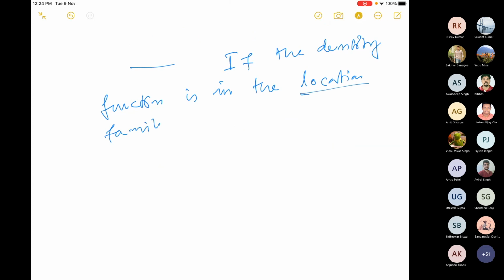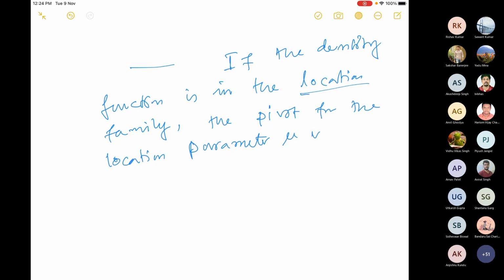Location family. So the pivot for the location parameter mu, because here sigma is taking the value 1, will be mu hat minus mu.